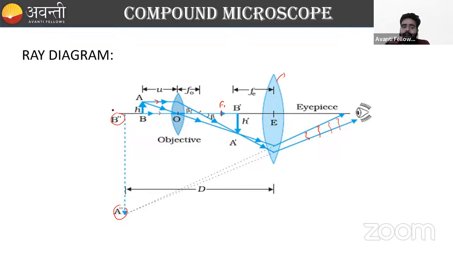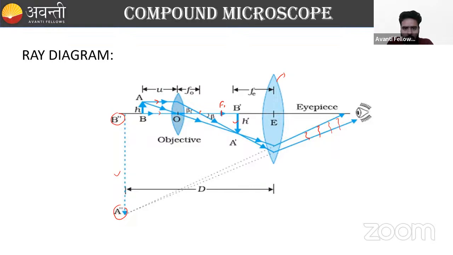And we can see that the enlargement of the image formed by the eyepiece lens is more than in the previous case, because we are using two lenses. This lens enlarges, and this lens also enlarges. We can say magnification is multiplied because we are using two lenses.